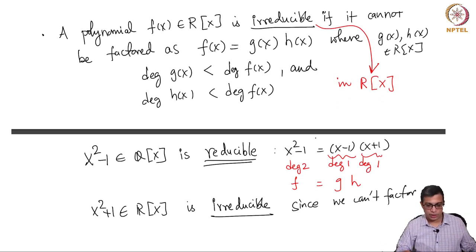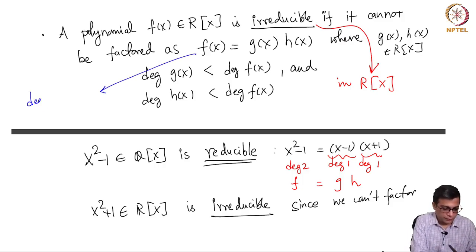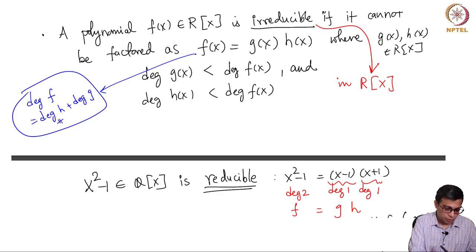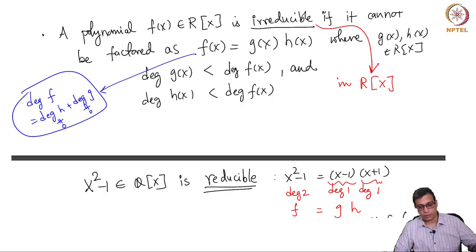Because remember, when you write like this, the degree of f must be the degree of h plus the degree of g. Because if one of them is 0, the other is equal to the degree of f. I am asking both of them to be strictly less than the degree of f. That means both are non-zero, so these are all non-negative numbers.